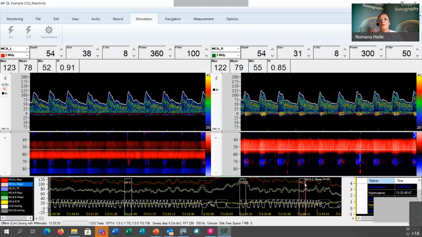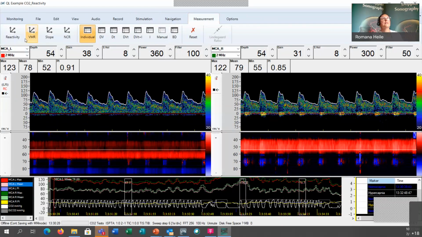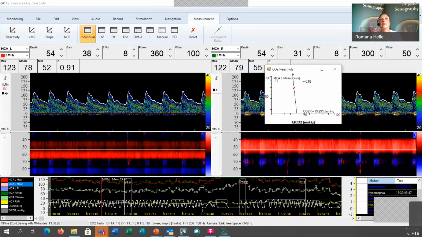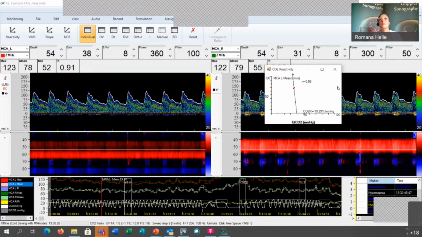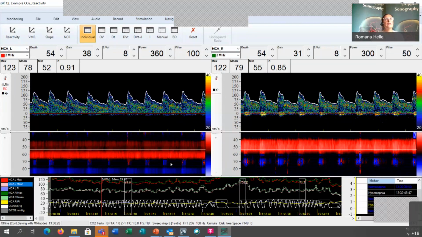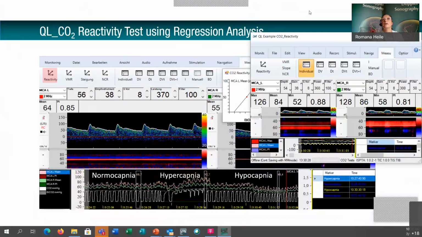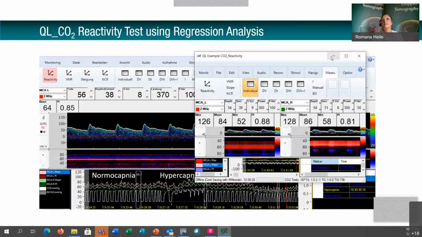I have here also an average, and then going to measurement and reactivity, I got my result. Good. That was the CO2 reactivity test.